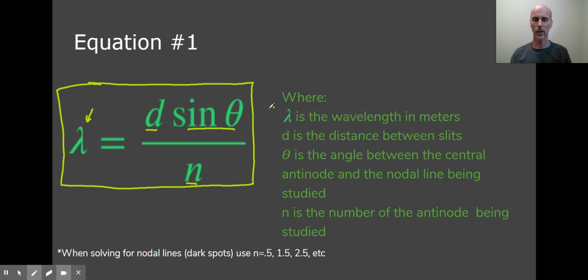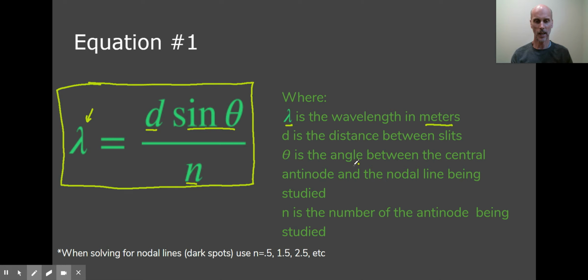We'll go over the nuts and bolts of this, and then we'll revisit our picture and talk about each of these elements. In this equation, lambda represents wavelength in meters. D is the distance between the slits. We'll go back to the picture in a moment and revisit that idea.